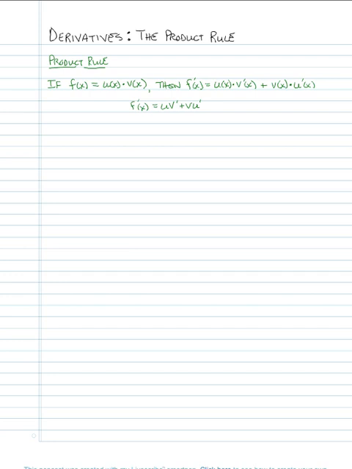That is, here's the way it's written with a function f, but we could just say, what's the derivative with respect to x of a product of functions u and v? So the idea is that we have two functions multiplied together. And again, that would be u times v prime plus v times u prime. That is the first function times the derivative of the second plus the second function times the derivative of the first.